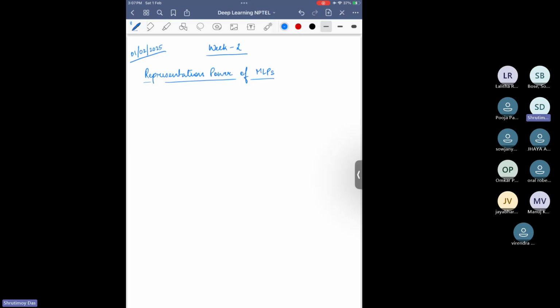The underlying theory for this is the universal approximation theorem.